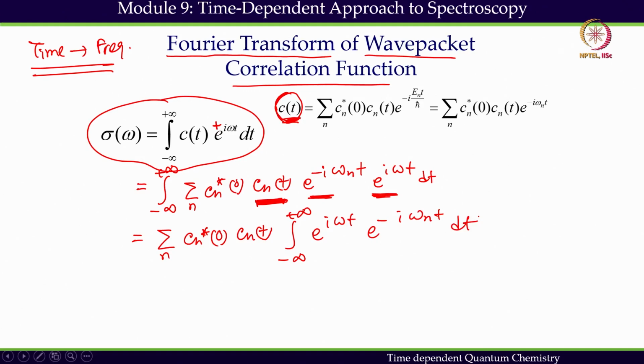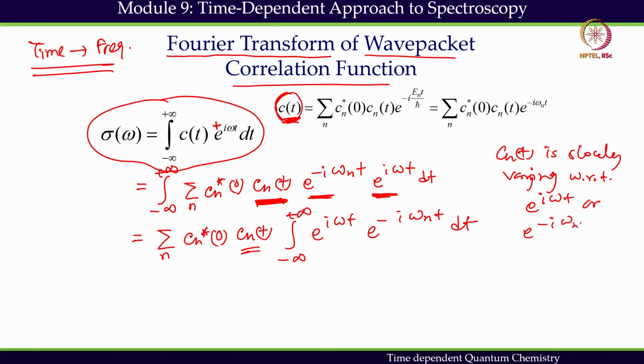We can take out this C_n(t) under the assumption that C_n(t) is slowly varying with respect to e to the power i omega t and e to the power minus i omega_n t. Both of them are fast varying. That's why we have taken it out.